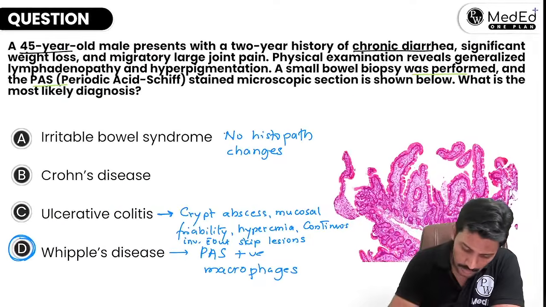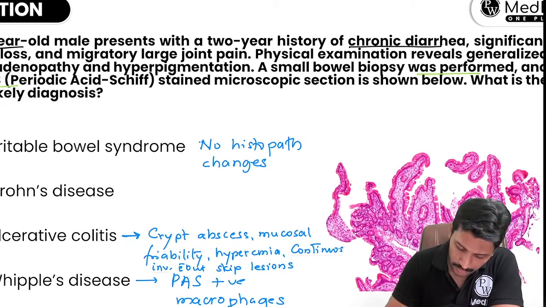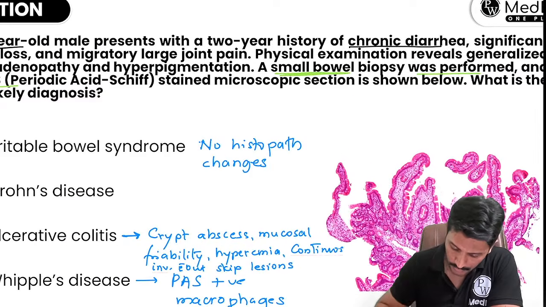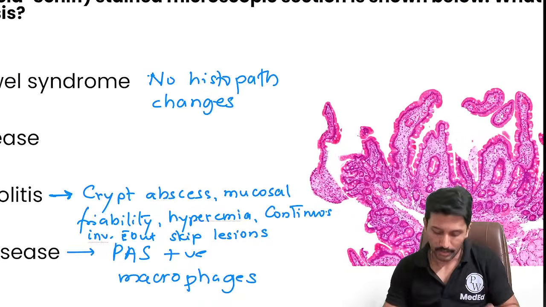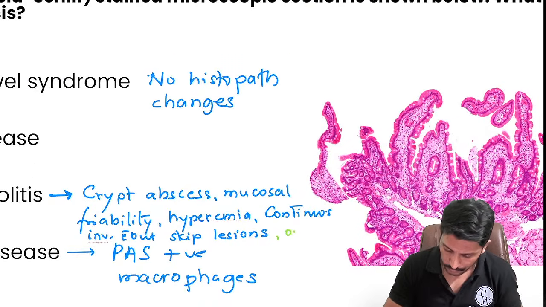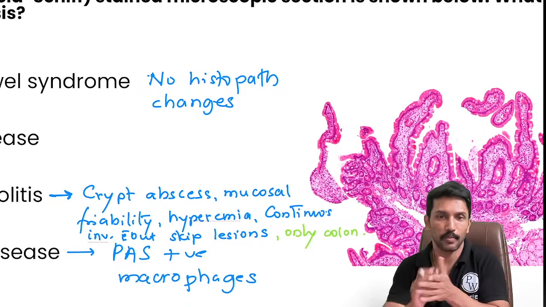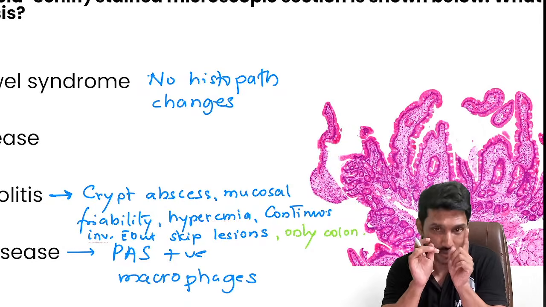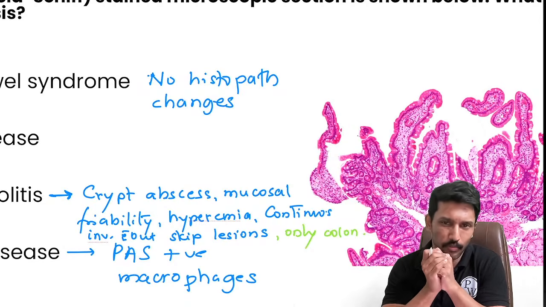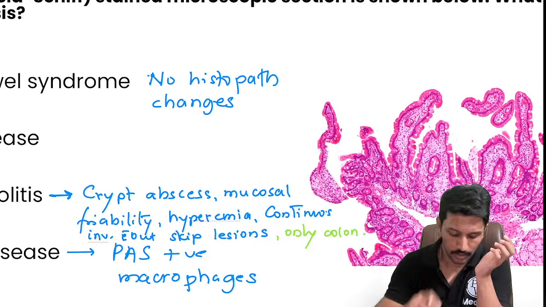And the ulcerative colitis doesn't affect the small bowel, right? It affects only the colon. That's why it is called colitis. Only colon and rectum. Rectum is the most commonly affected site. But here the biopsy is taken from the small bowel. That already rules out the ulcerative colitis.